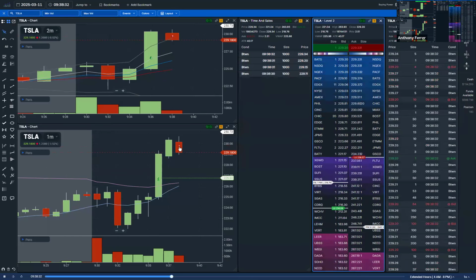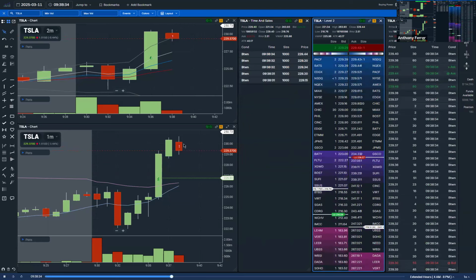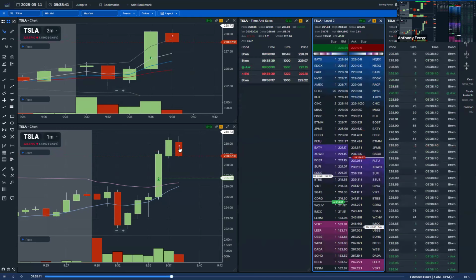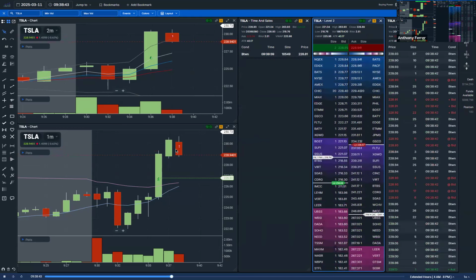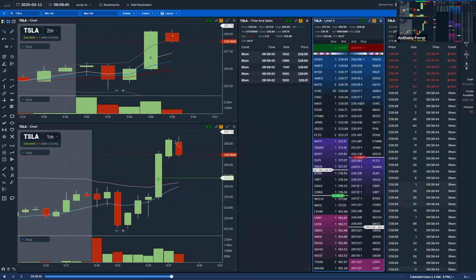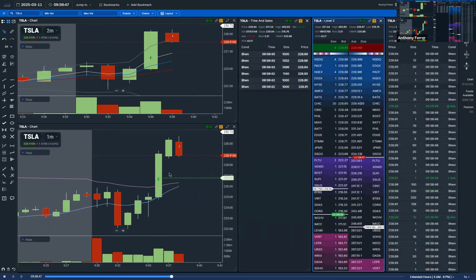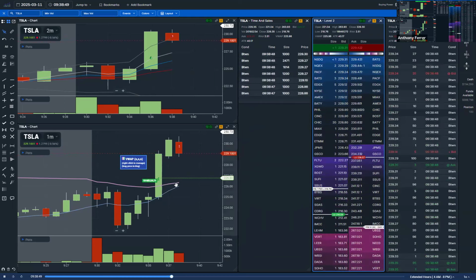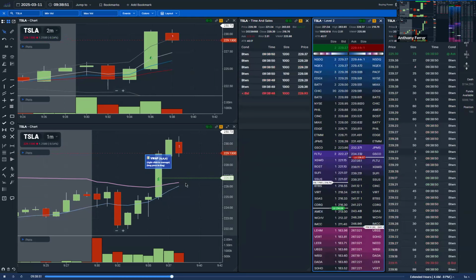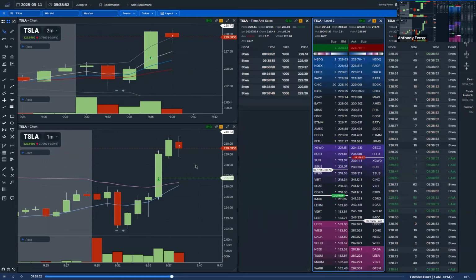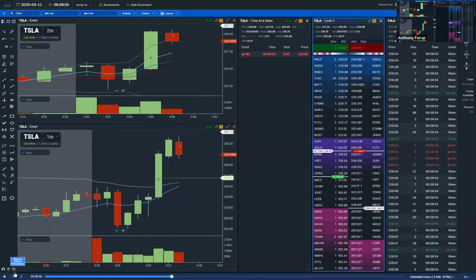That way I'm still opening the possibility that it just starts skipping dollars and going up. But if it fails and holds underneath like this, I didn't top tick it, I didn't time it perfect, but I got a decent momentum exit. And then I can just be more patient on this. And now at this point, I'm probably risking straight up break even at like 226 on it. That was kind of the key moment of this.